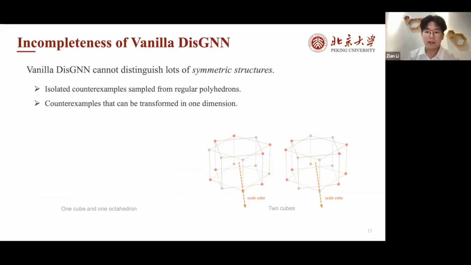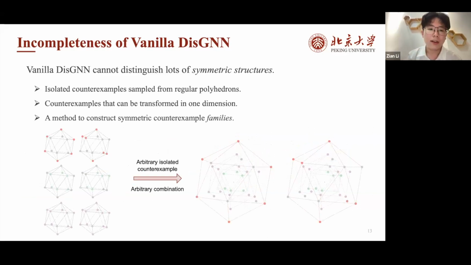And in the final kind, we propose a method to construct arbitrary counterexamples, meaning that we give a very large family of symmetric counterexamples. You can take any one of the isolated counterexamples we proposed in the first kind, shown here, which we call the original version. You can get the complementary version, because we take the nodes where we didn't sample, and you get the all version, because we take all the nodes on the polyhedron.